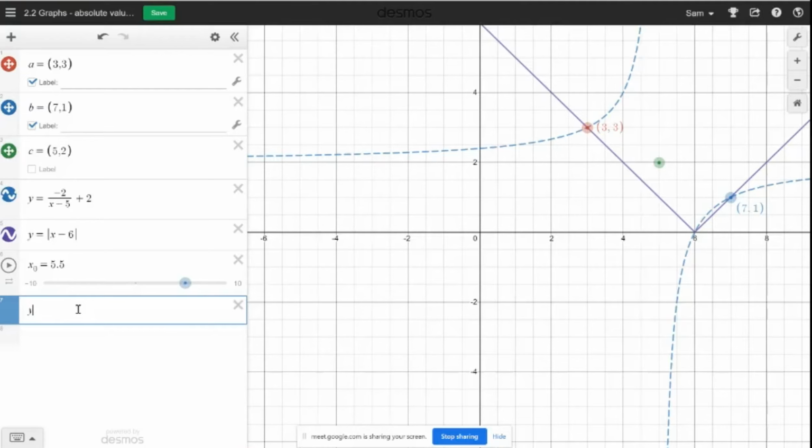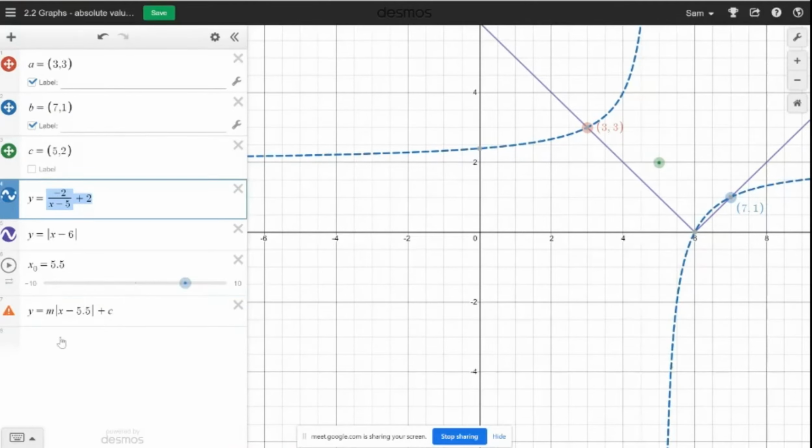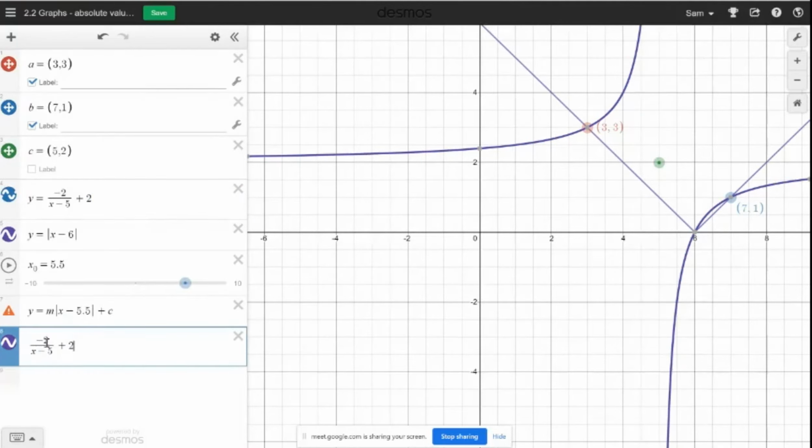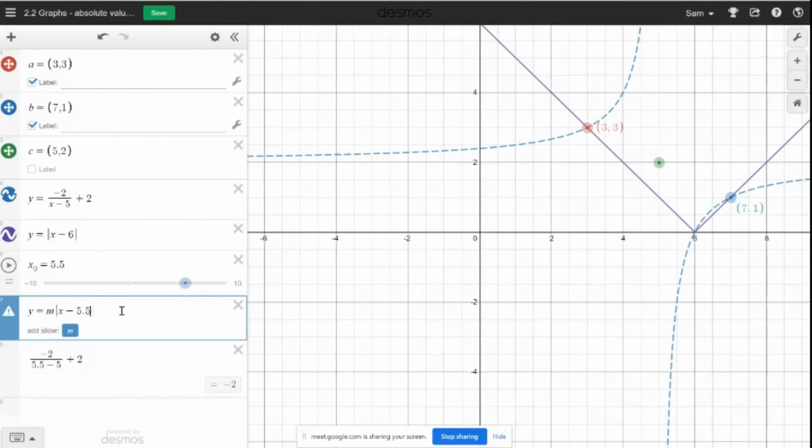Okay, I'll assume you've had a go. The form for the absolute value function is this. Shift plus by 5.5. Use our hyperbola to find the corresponding y value. Simplify all that, and it comes out as -2, which we could see from our graph anyway: when x is 5.5, y is -2.